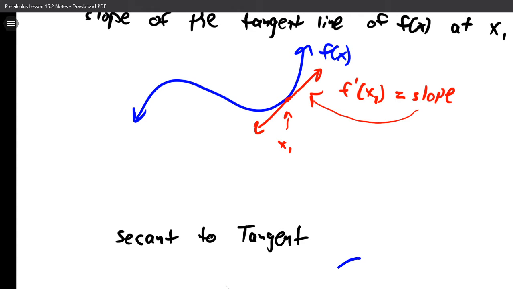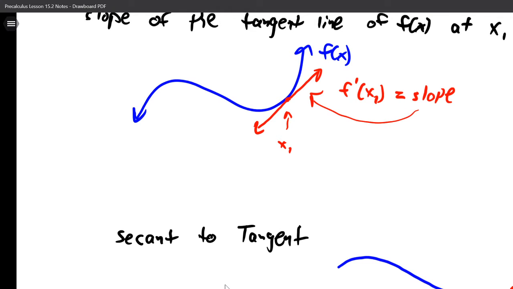Let's just say we're zooming in on that part right there, and we want to find the slope right here. Well, we could start out approximating that by drawing the secant line that goes through 2 points. Okay, pretend that's a straight line. You could find that slope decently well.